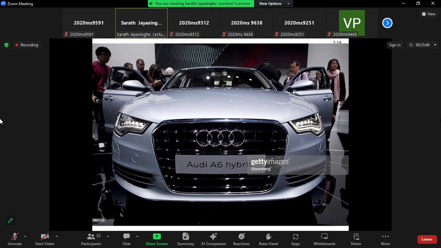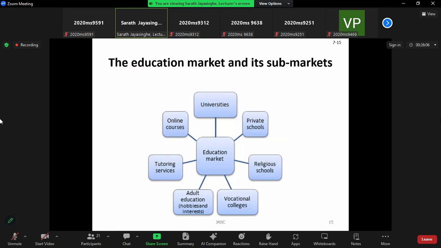So even though the bigger SUV brands offer hybrid cars, a set of customers may select other brands because of that perception. And then if you look at the education market and its sub-markets, the whole education market has many market categories.